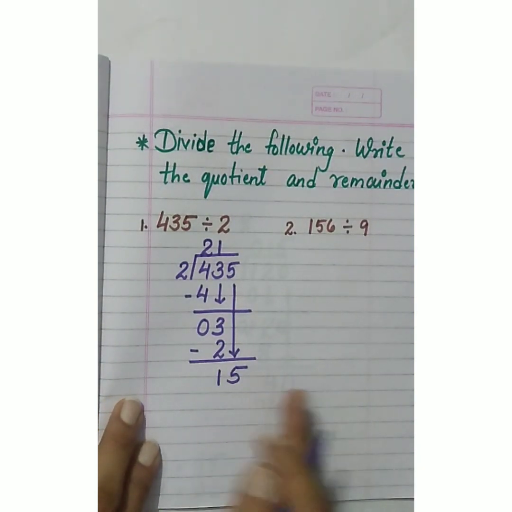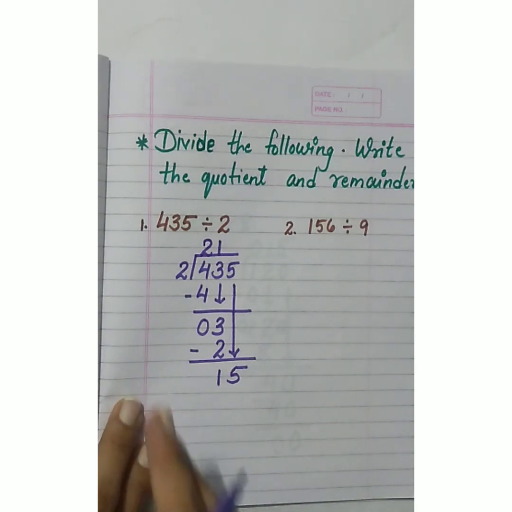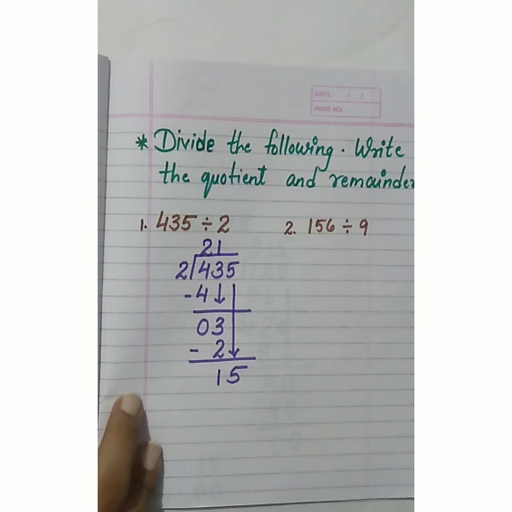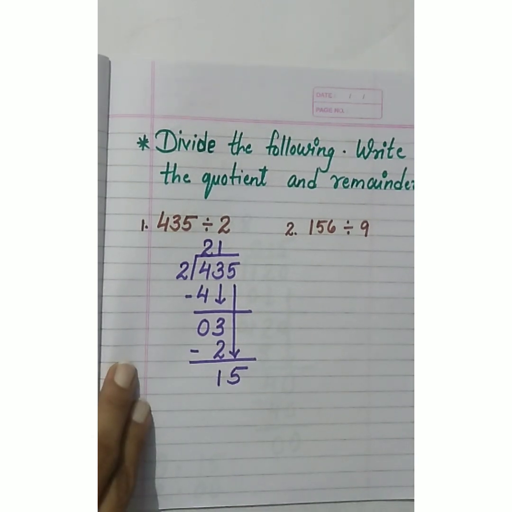So we will say the table of 2 and find out whether 15 comes in the table of 2 or not. So 2 ones are 2, 2 twos are 4, 2 threes are 6, 2 fours are 8, 2 fives are 10, 2 sixes are 12, 2 sevens are 14, 2 eights are 16. So can we take 2 eights are 16? No, because 16 is more than 15.